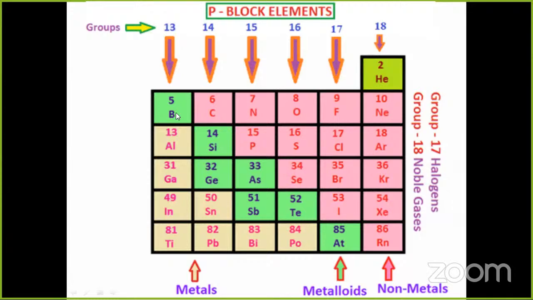Right? So you see, these are all semi-metals, and the pink colored ones are all non-metals, and these are all the metals. So based on the conductivity or electron conductivity, the elements we can classify into three types: metals, non-metals, and semi-metals. Now you see the next property.